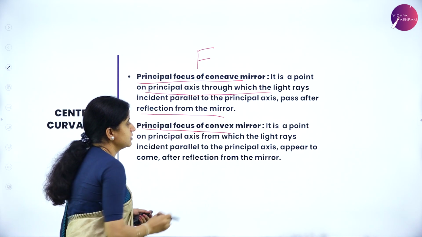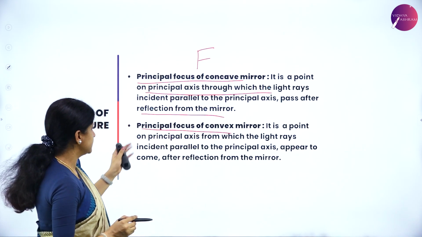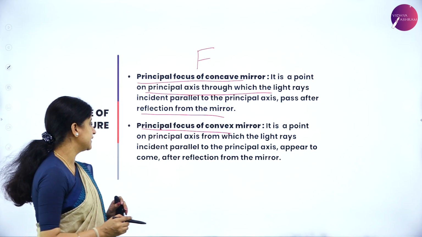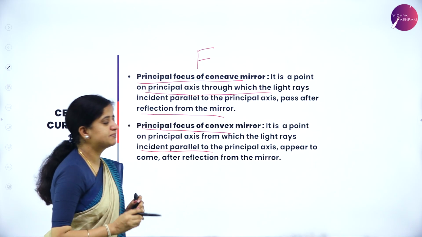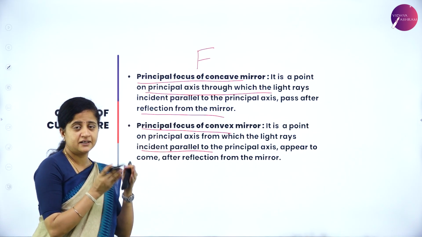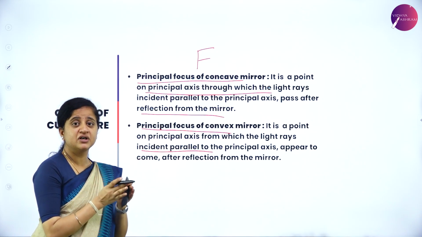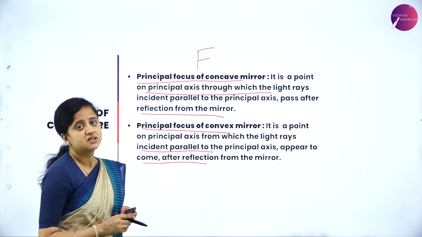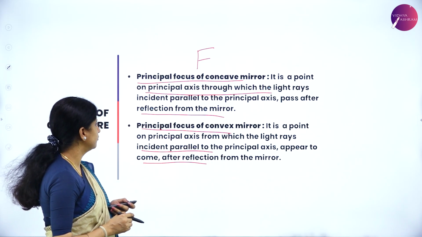Next, the principal focus of a convex mirror. It's a point on the principal axis from which the light rays incident parallel to the principal axis appear to meet, because they do not meet in reality, they meet virtually. So they appear to meet after reflection from the mirror. We'll call it the principal focus.